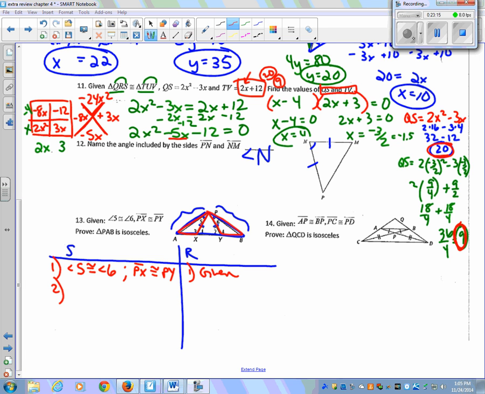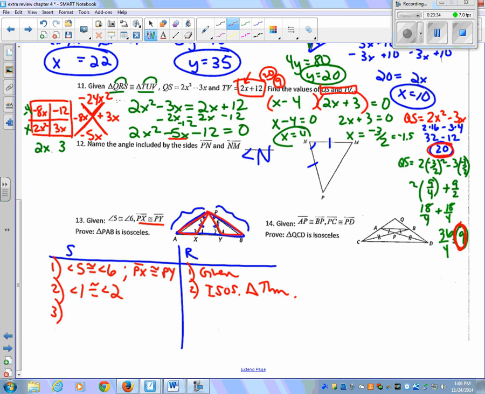Okay, so we have our givens, and from PX being congruent to PY, then I could say angle 1 is congruent to angle 2 by the isosceles triangle theorem.